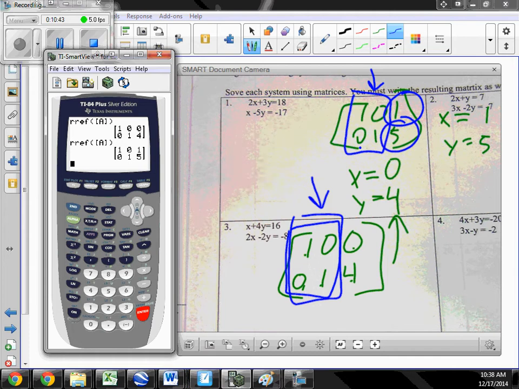Yes? Yeah. So if you don't see that, that means that your system does not have one solution. So when we graph linear systems, there are 3 possibilities. We have one solution, we have no solutions, and we have infinite solutions.